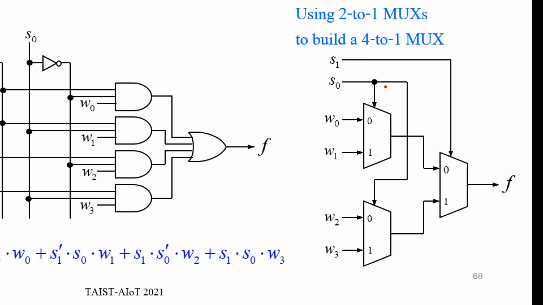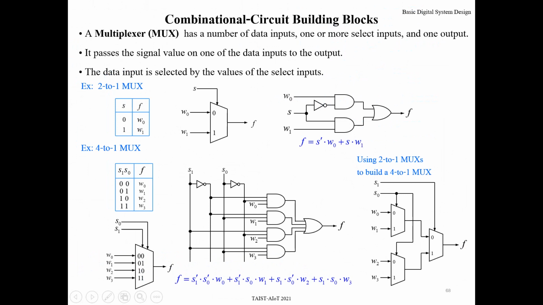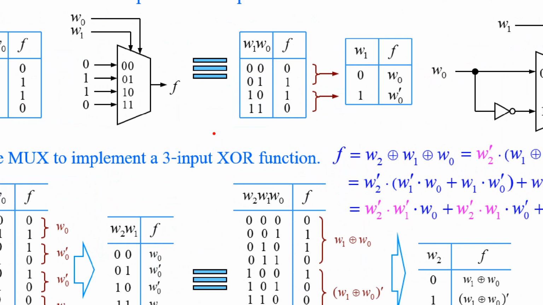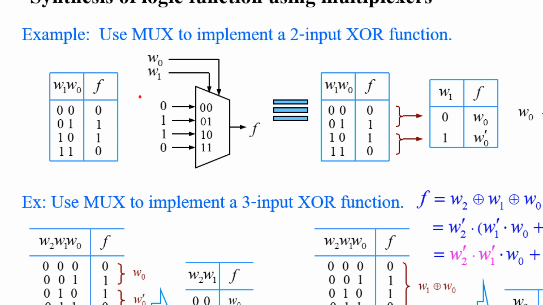If this selector is 0 and this is 1, that means you select from here, right? And because it's 0, that means W2 goes to the output. W2.